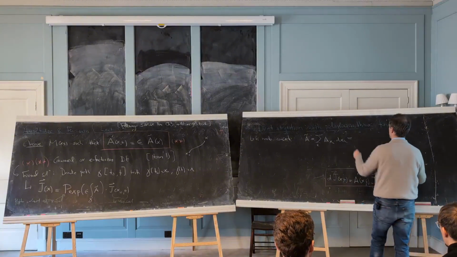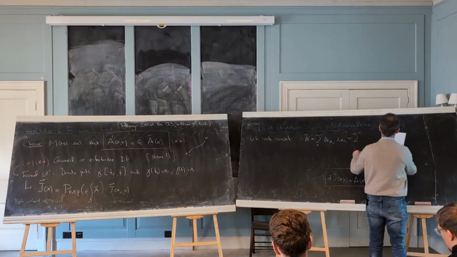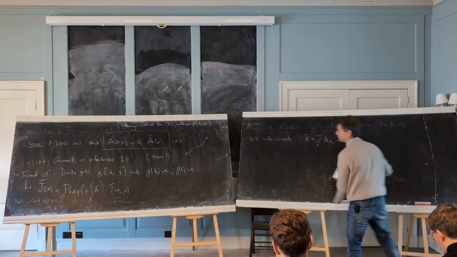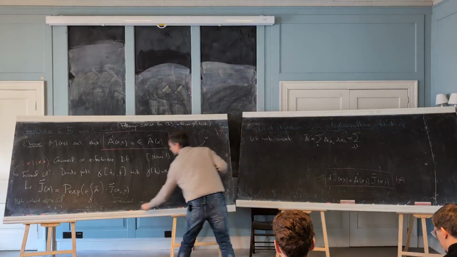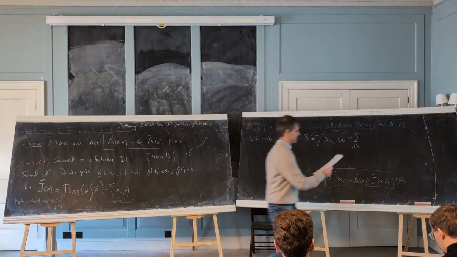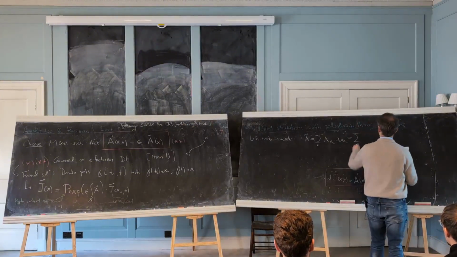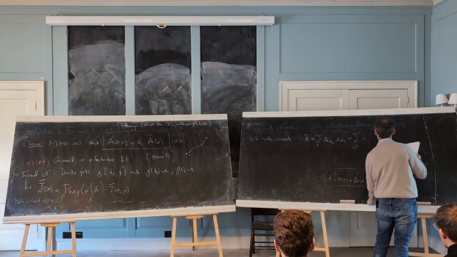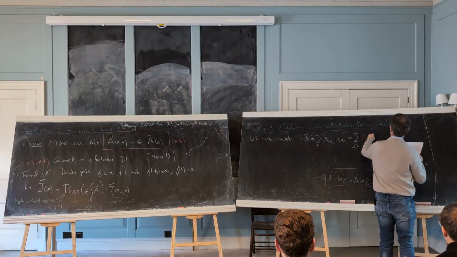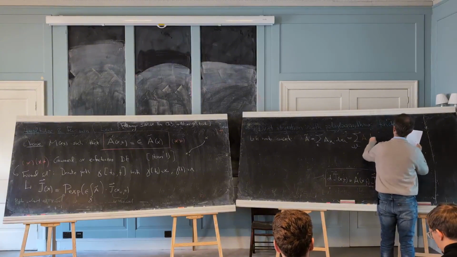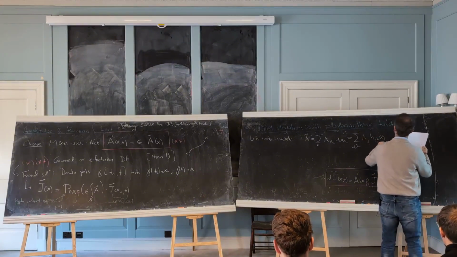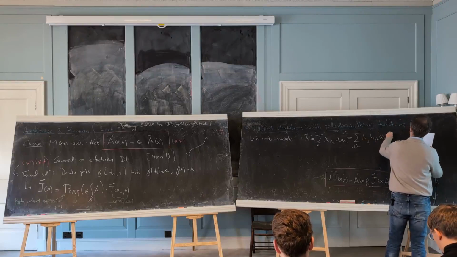So let's write it down as a sum over j and k, and let me use some colors also to distinguish things. So this is some a j, and then you have some function h, j of k, that depends on x, dxk.